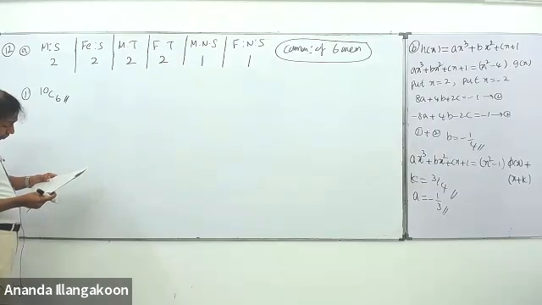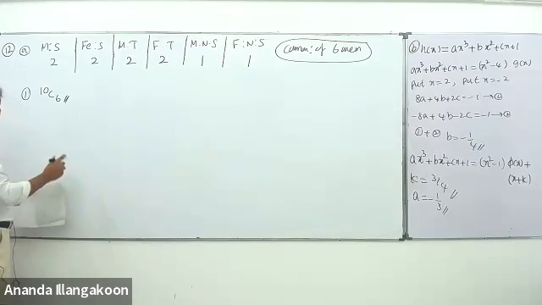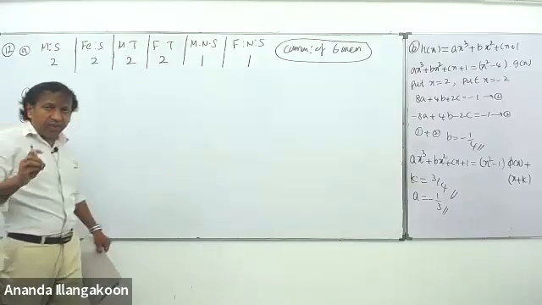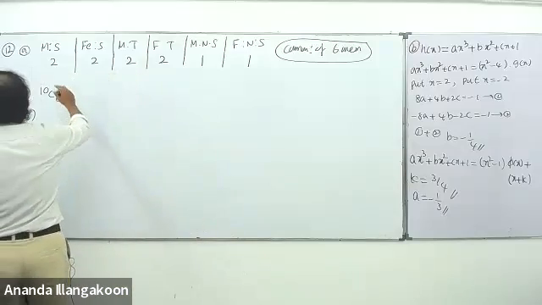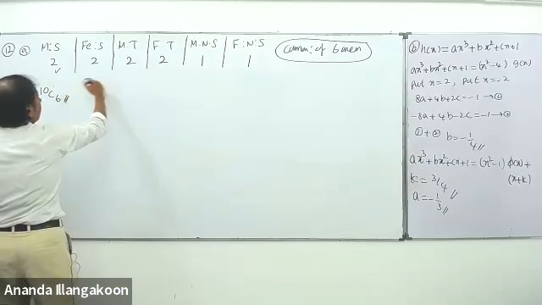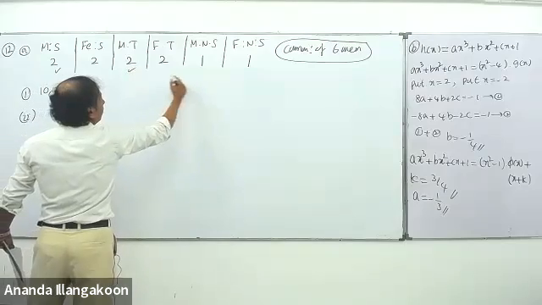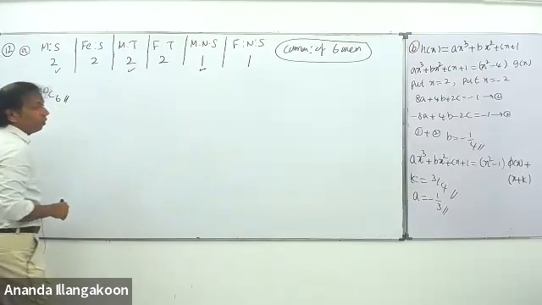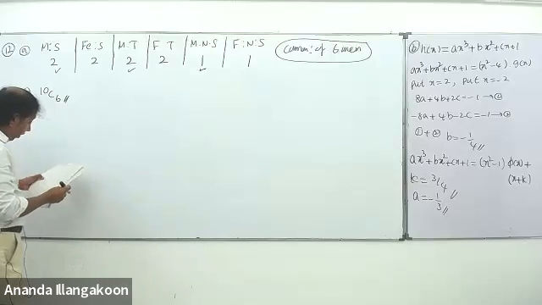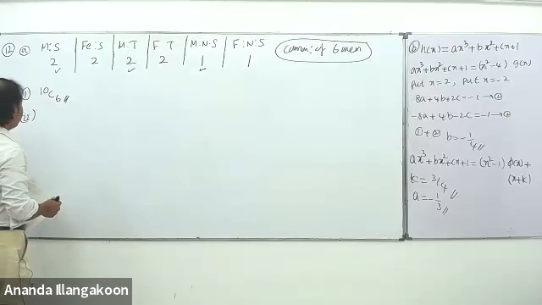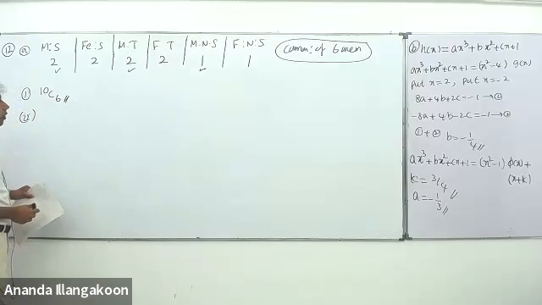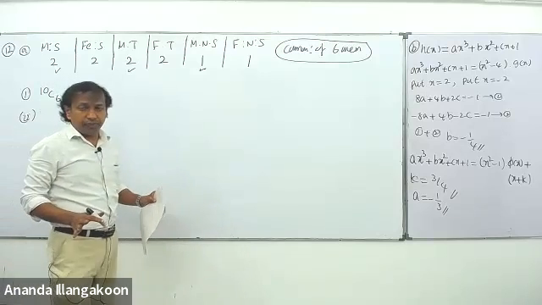A committee includes 3 men and 3 women. Second one. So then we'll take all men together. How many men? Here 2, here 2, here 1. All men, there are 5. And female, also 5.